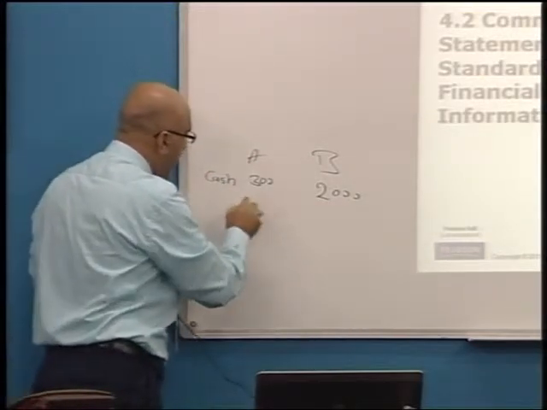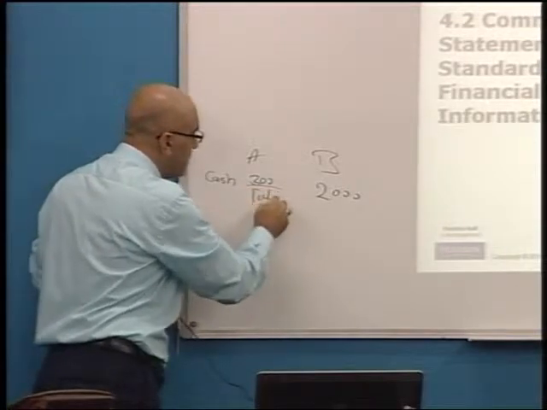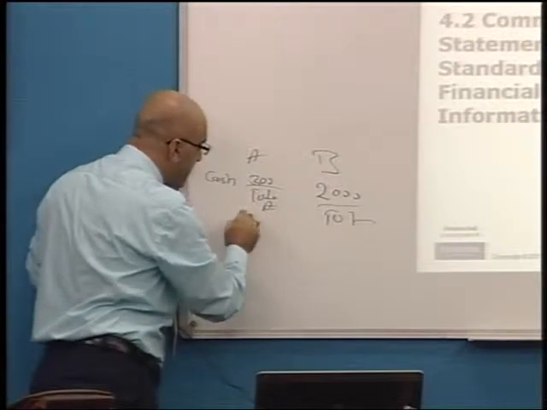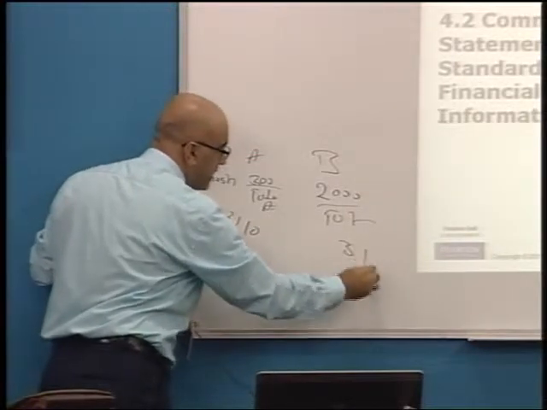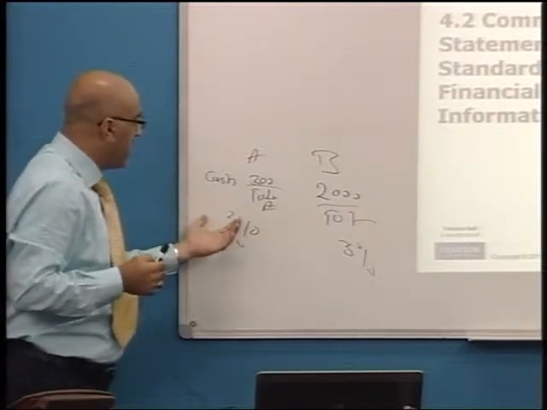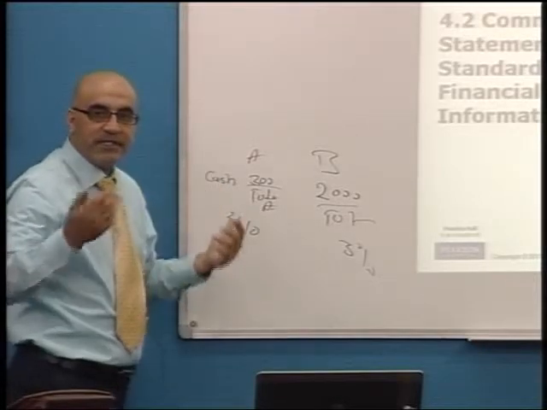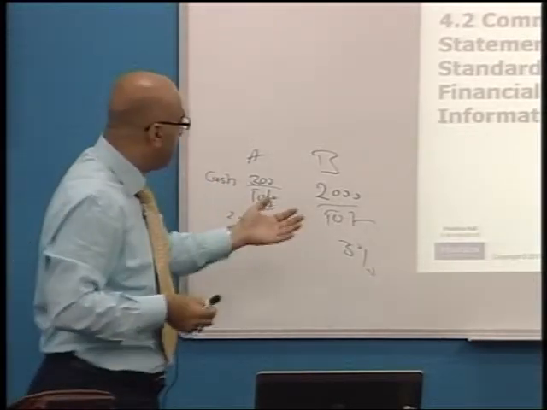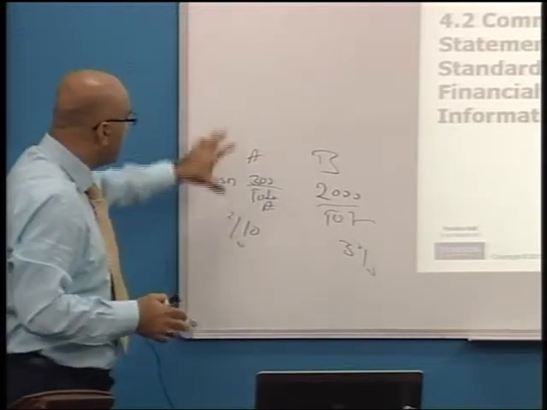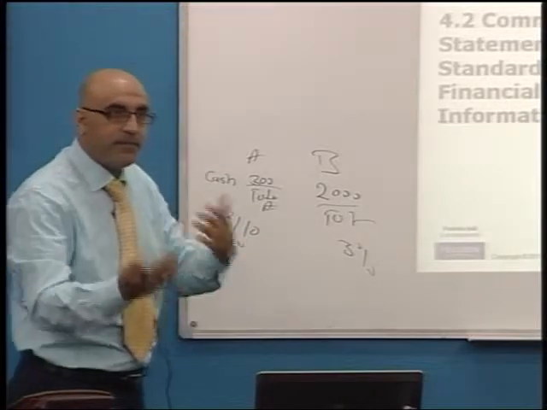If we divide 300 by the total assets, and the other by its total assets, we find here is 10% and here is 3%. So it means the contribution of cash in this business is 10%, but here the contribution of cash is only 3%. So it means this business has more liquidity than the other.